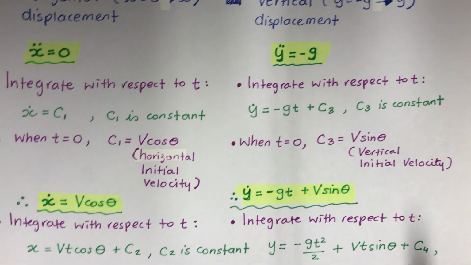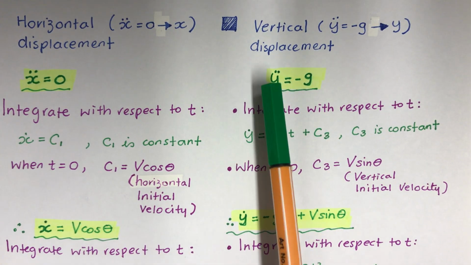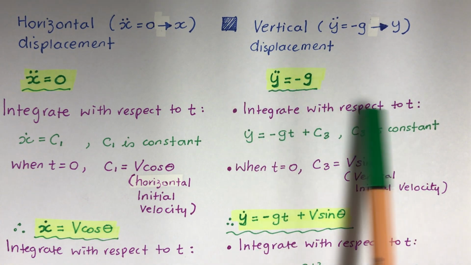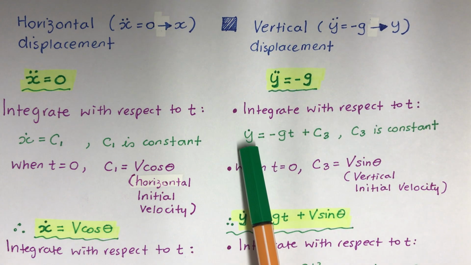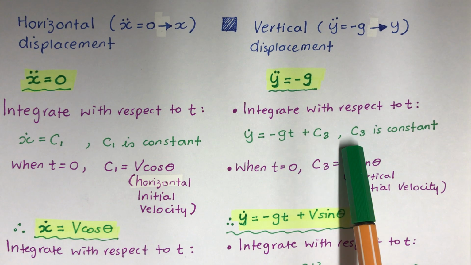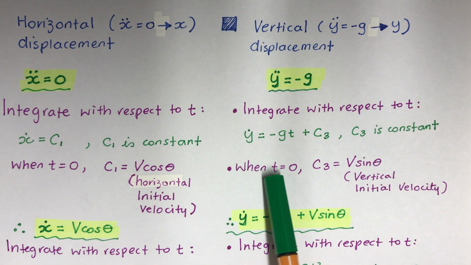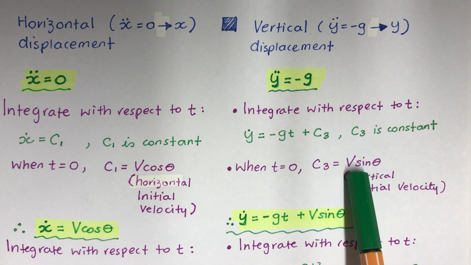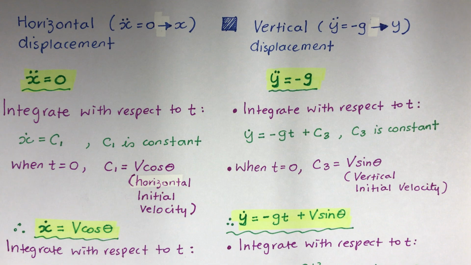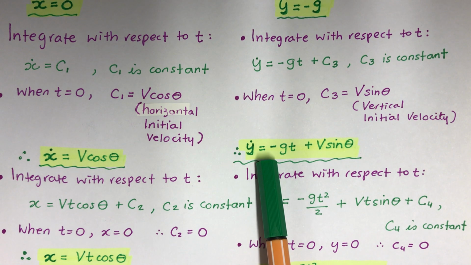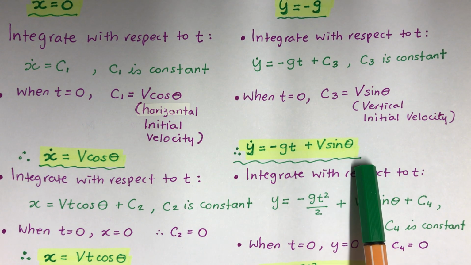So it doesn't change, but we're just going to add t as we go along. Okay. Now let's have a look at the vertical displacement. We start with our vertical acceleration, which is minus g, and integrate with respect to t. So y dot equals minus gt plus c3. And then when t equals 0, that constant c3 equals v sine theta, which is the vertical initial velocity. Therefore, your y dot, the vertical velocity, is minus gt plus v sine theta.